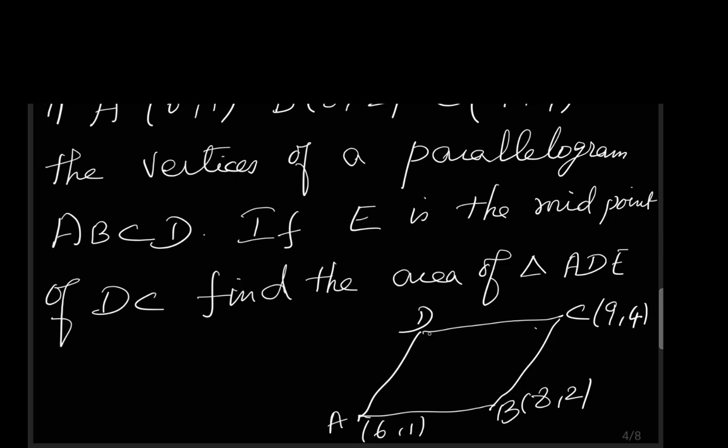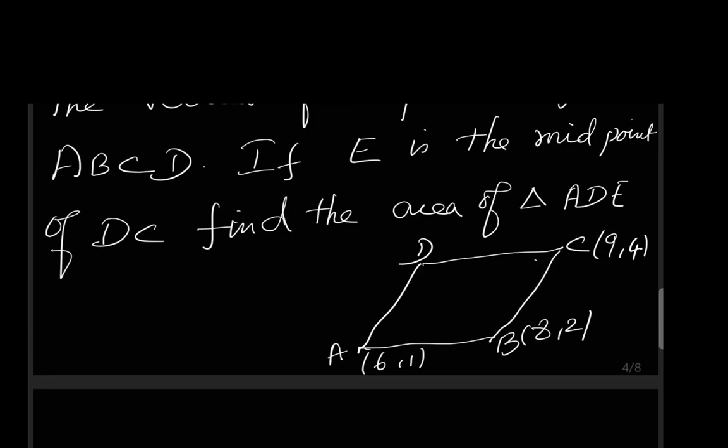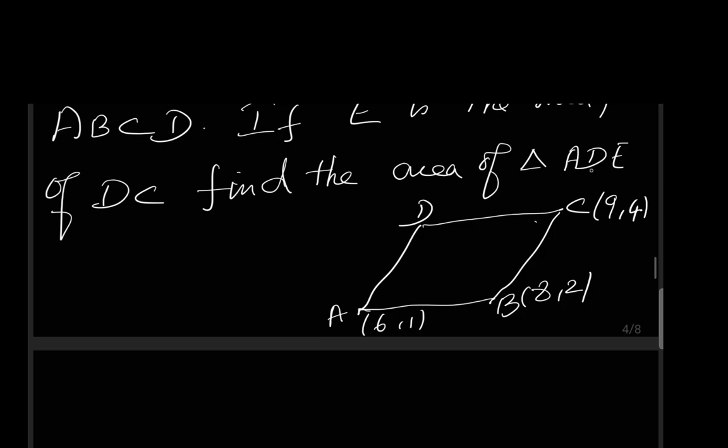So for getting the D vertex, they given E is the midpoint of DC. Find the area of triangle ADE. So you have to find this. E is the midpoint actually.